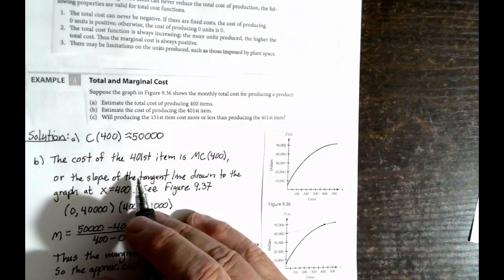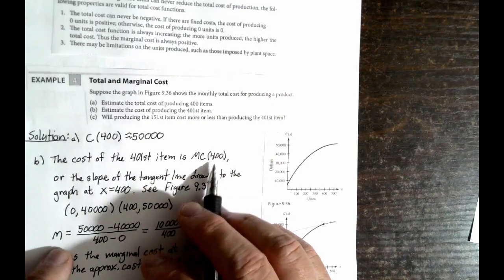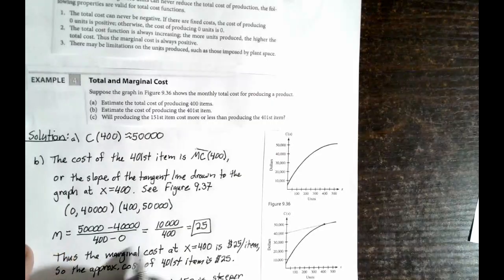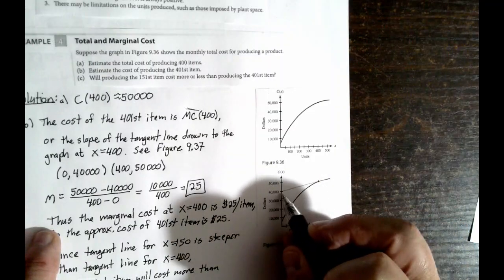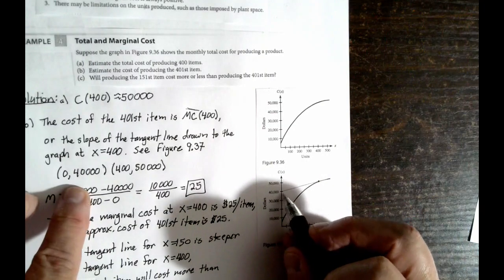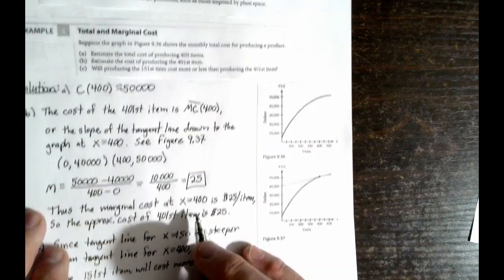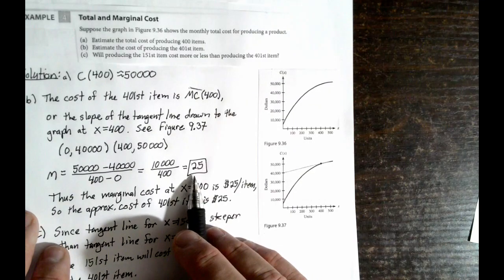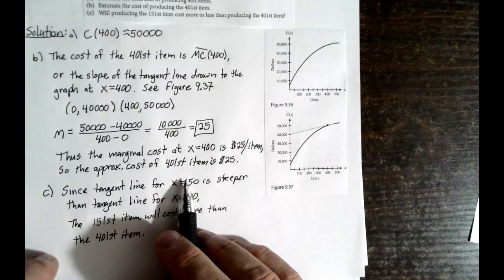Alright, so the cost of the 401st item is MC of 400, and that's about, if you take the tangent that touches right at 400 there, it also crosses over here at 40,000, so you can use the points 0, 40,000 and 400, 50,000, and you take the slope formula for that, and you can say the marginal cost of producing the 401st item is $25. Approximately $25 to produce that 401st item, whatever items they're making here.